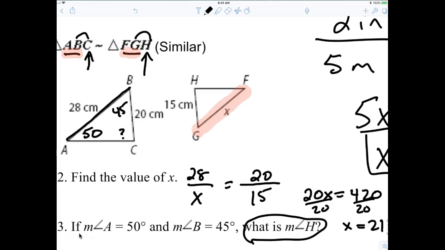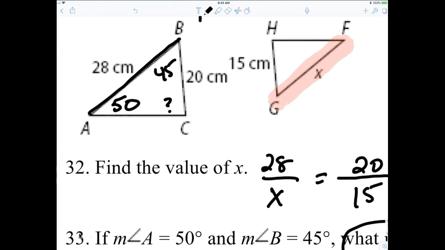What are the angles of a triangle add up to? 180. You learned that last year. The angles of a triangle add up to 180. Do you agree? So, tell me what angle C is. Wait a minute. What's 50 plus 45? There you go.